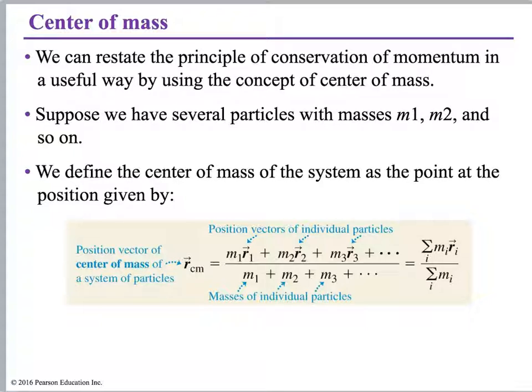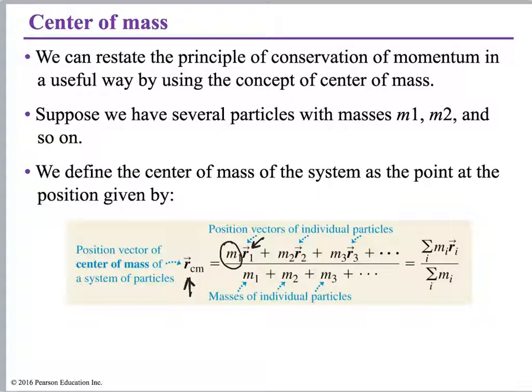So I said it's a weighted average, and if you think about how you calculate an average, you add up all the numbers and then divide by however many numbers you had. The center of mass is kind of like that, but it's a weighted average. So in the position expression, each position vector for each individual object is weighted by the mass.